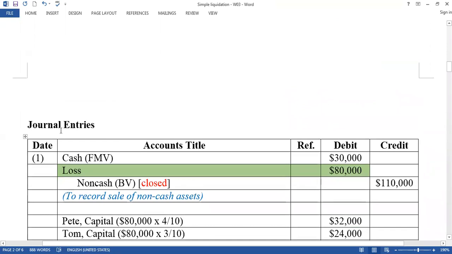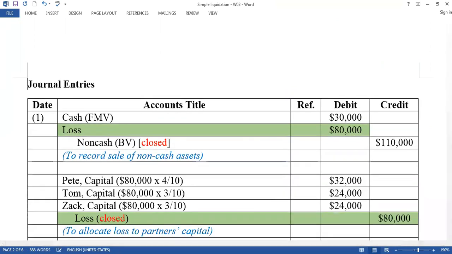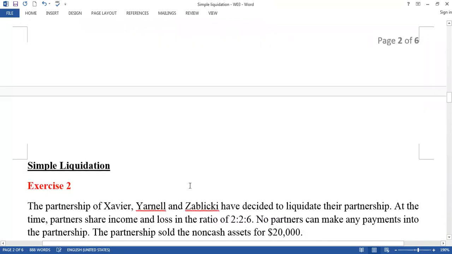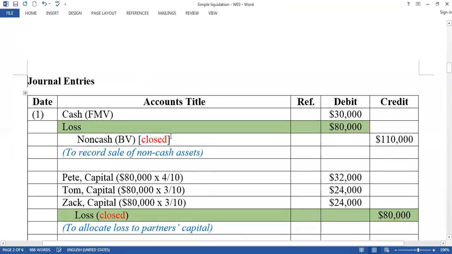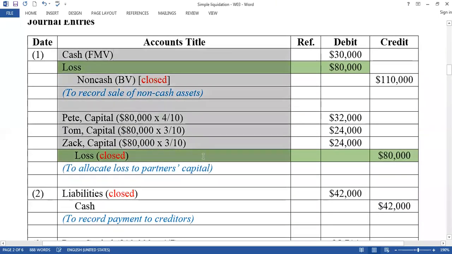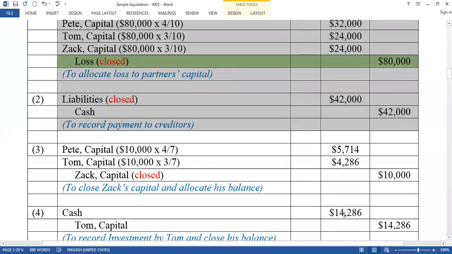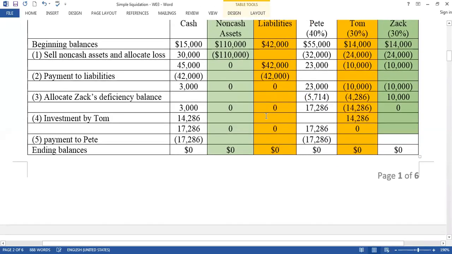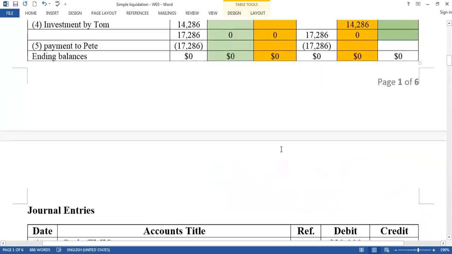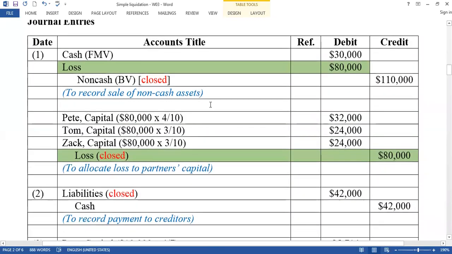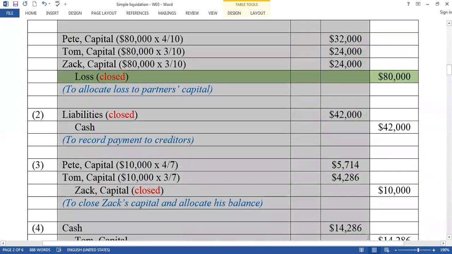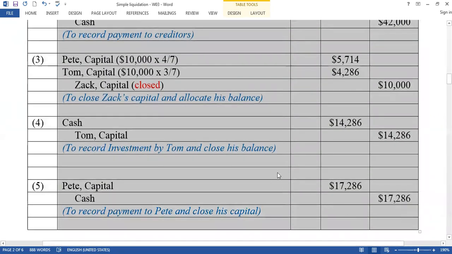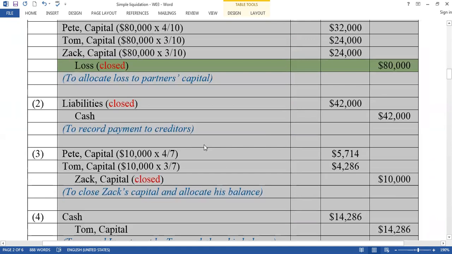Okay, let's quickly move on to another question. I wrote the journal entries to make it more clear to you. If you don't understand these tables in future, you can watch the video again. I will share the recording of the class later, and you can see the journal entries also.